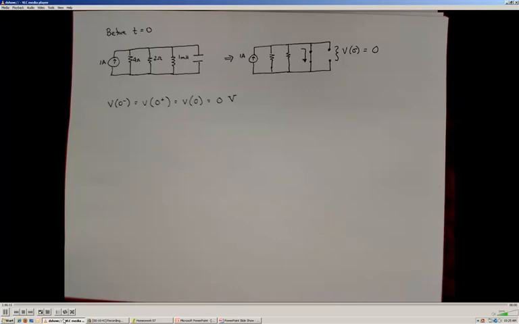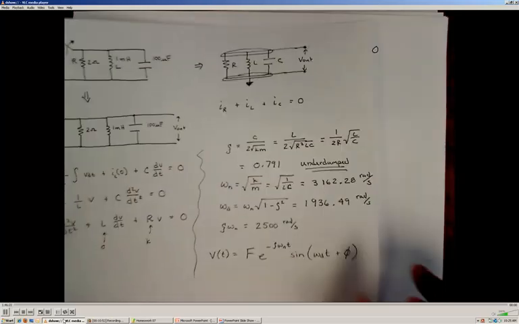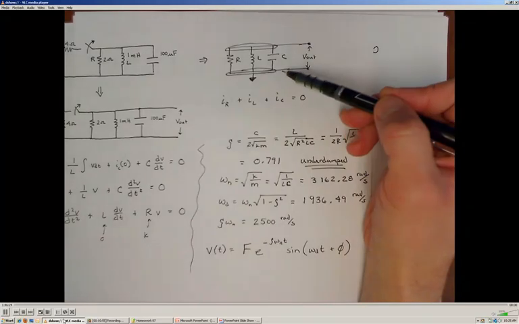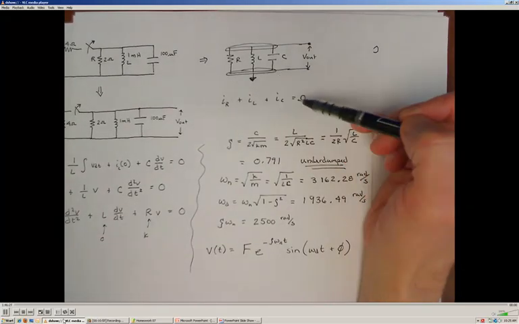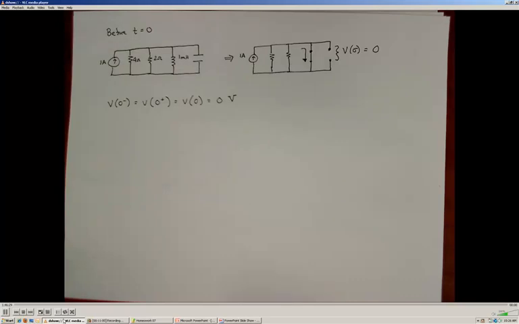Okay, to determine the derivative initial condition, we're going to go back to the analysis of our circuit right after the switch opens, and look at our Kirchhoff's current law balance at time equals 0.